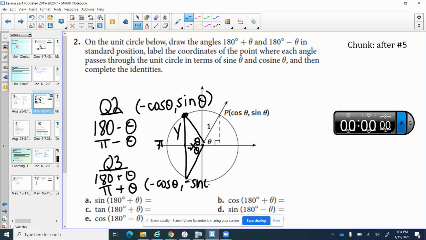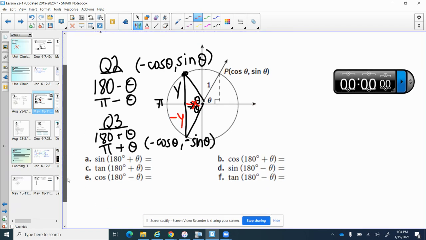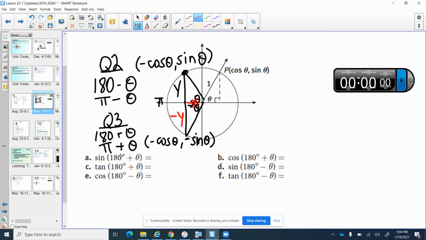It's the same numerical value, just negated for both of them because we went to the left x units and down y units, so they're negated. So again, if we're talking about the quadrant 3 values, that's where we're looking at the 180 plus theta. And we know that the sine in this quadrant is negative. We know that the cosine is also negative in quadrant 3.